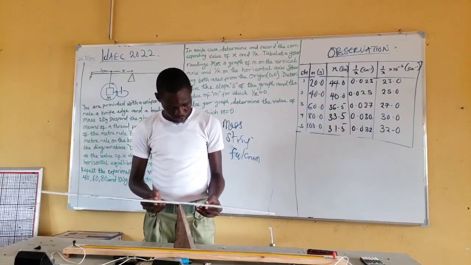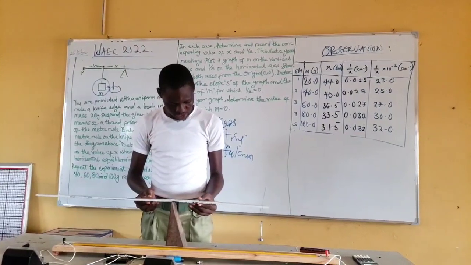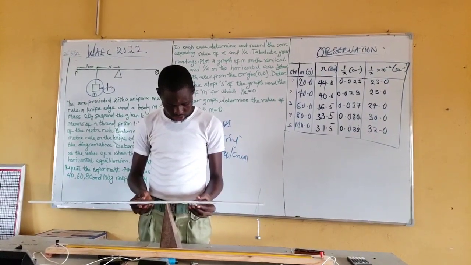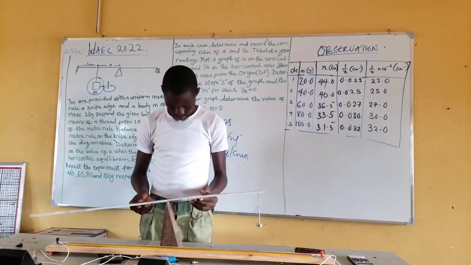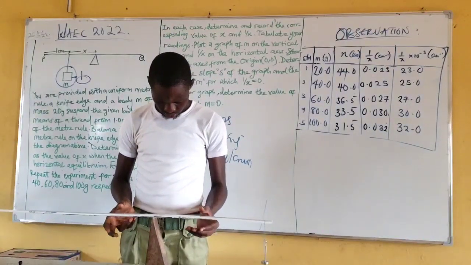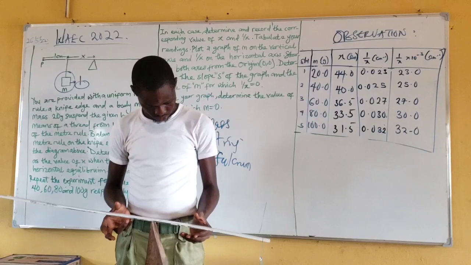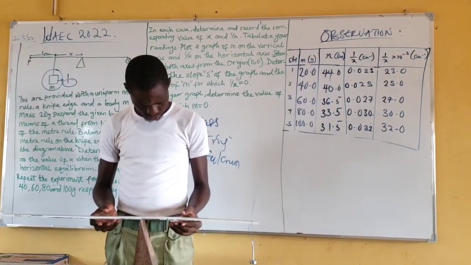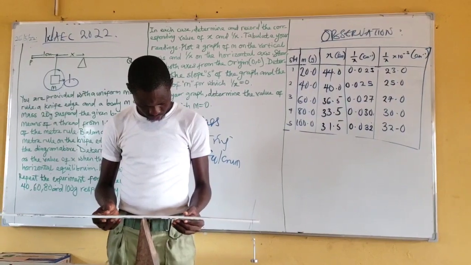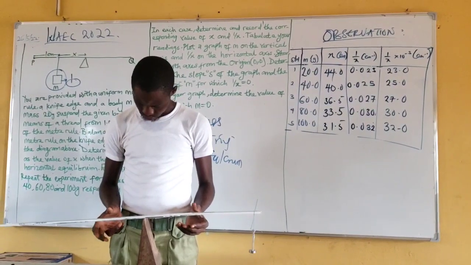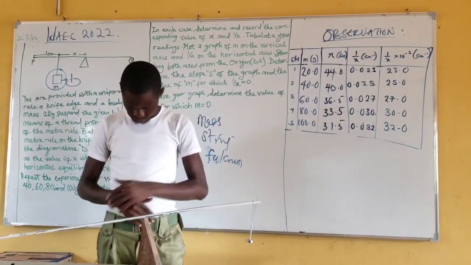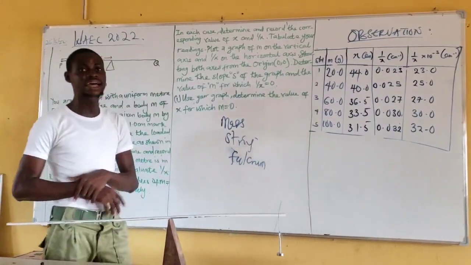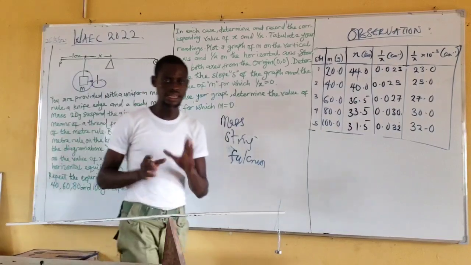Now, the new balance point of the meter rule is exactly at 41 centimeter.